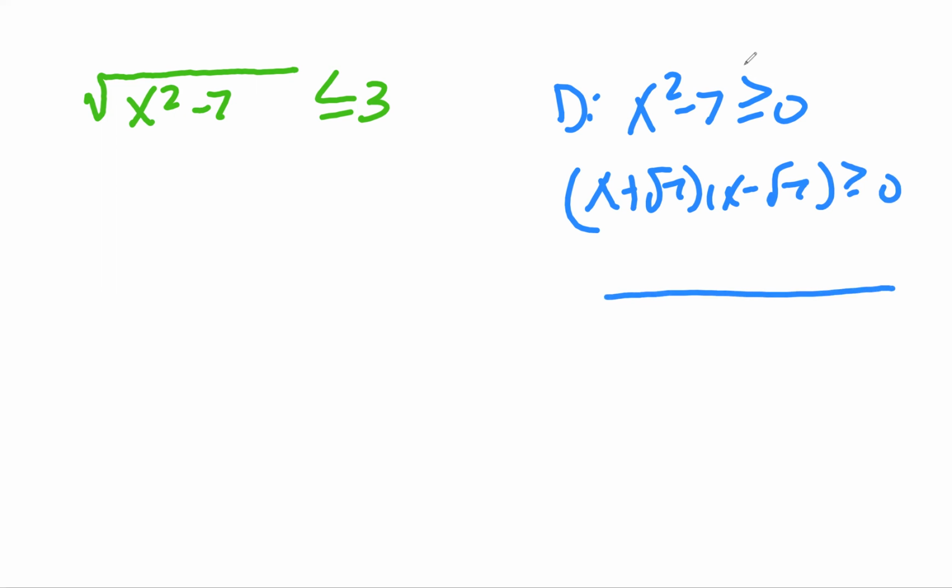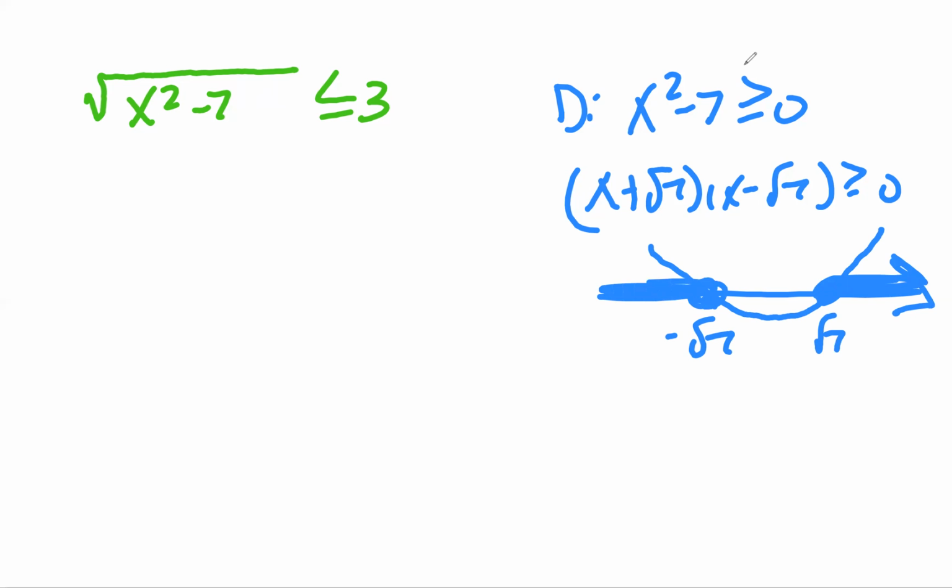Put it on a number line, so I know that I would have negative root 7, positive root 7. And now I'm going to think about the graphing part of this with the polynomial. So I know this is a parabola that would look like this. So the domain, greater than or equal to 0, would be here, and it would be here.